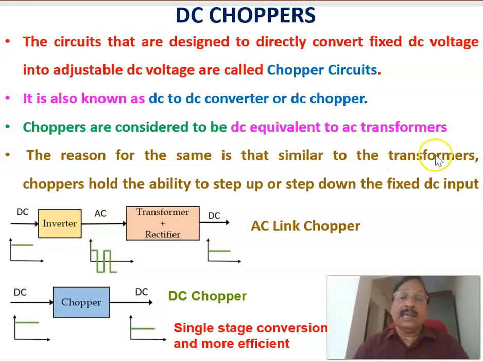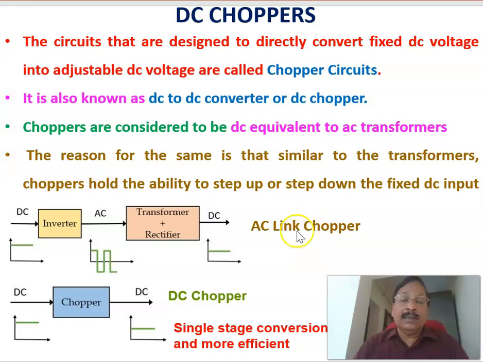Like AC transformers, which step up or step down the AC voltage, there are step-down choppers and step-up choppers. That is why choppers are considered a DC equivalent to AC transformers.